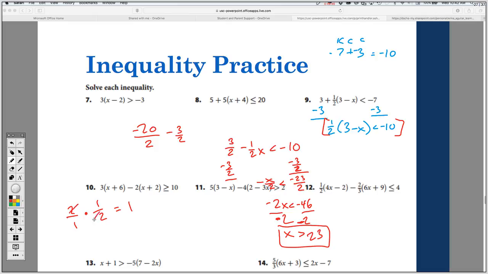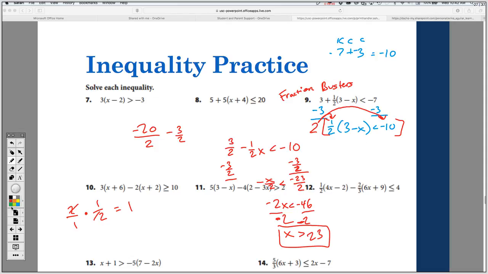Now you only distribute this to here and here. The reason why you don't distribute it inside here is because it has a domino effect. By the distributive property, you would multiply too many times. Does that make sense?